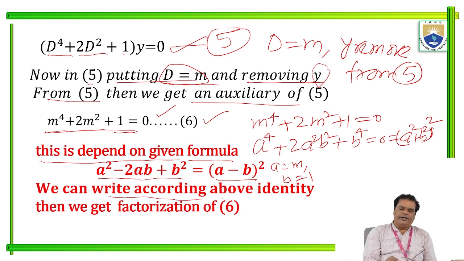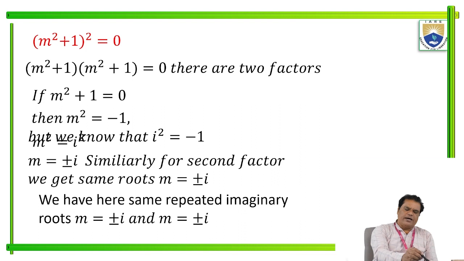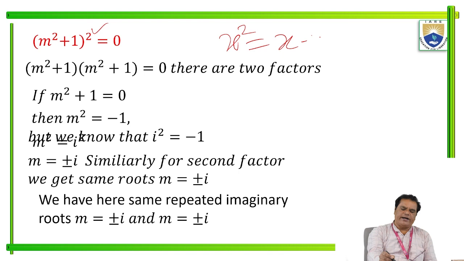According to the above identity, we get the factorization of 6. So here (m^2 + 1) whole square. Whole square means the factor is repeated two times. Similarly, (m^2 + 1)(m^2 + 1) = 0.